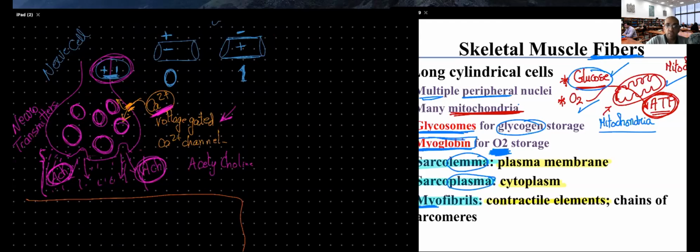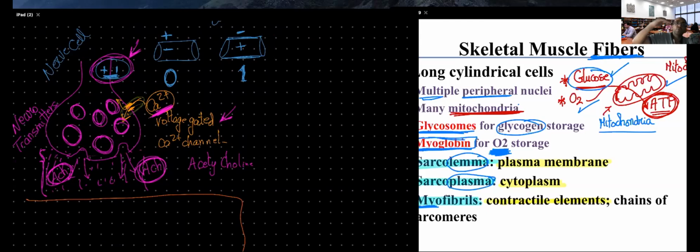What's going to happen? At the neuromuscular junction between the nerve cell and the muscle cell, you get the electrical signal towards the terminal end of the nerve cells. This will cause the activation of the voltage-gated calcium channels, and those channels will allow the calcium influx.